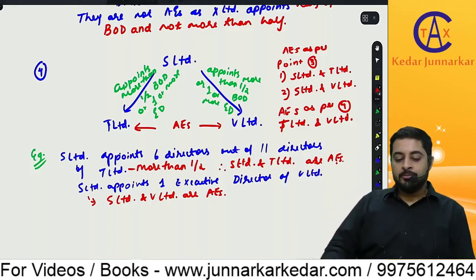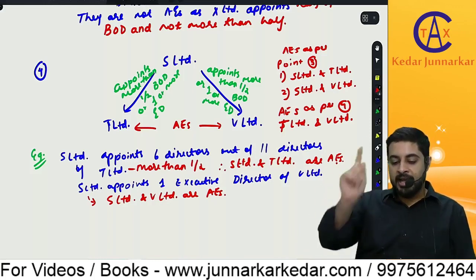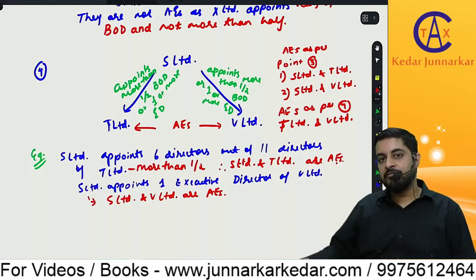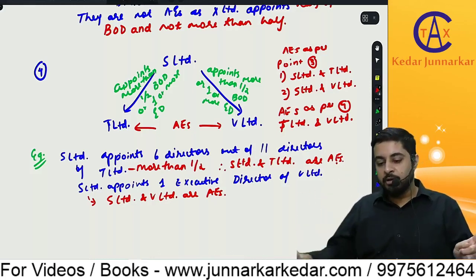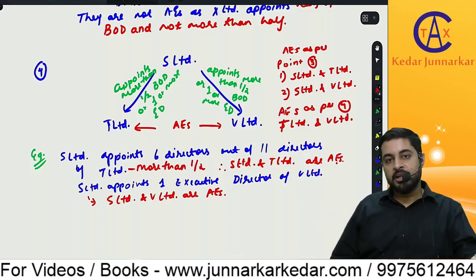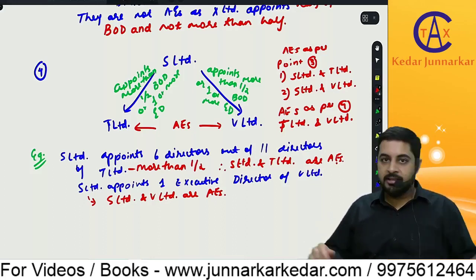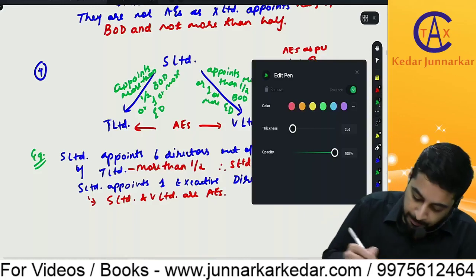So it's not that for being A's, in both the companies S Limited should appoint more than half, or in both the companies one or more AD. So in one company, more than half of the BOD, in one company, one or more executive director, that condition is also fine.